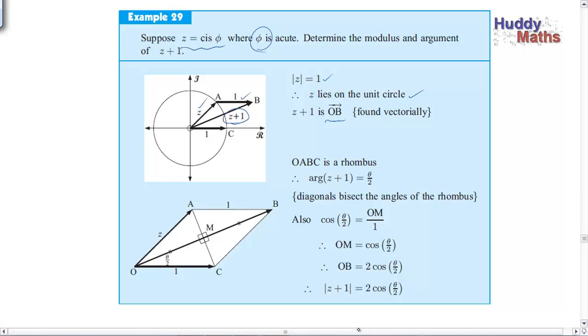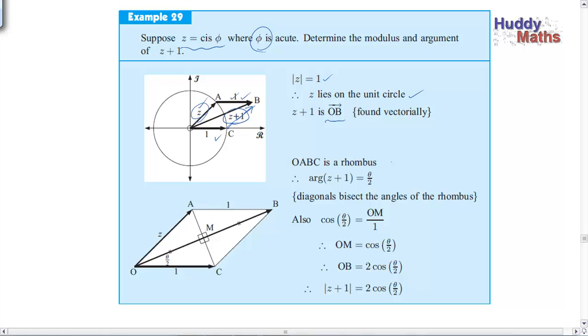Now, what can we do? Let's look at the geometry. The first thing you notice is you could make a parallelogram there, which actually would be a rhombus, because we've said cis theta, the size of that Z there would be 1. So not only is it a parallelogram from what we've discussed before, if you put 1 there and you're adding 1 and close that off, the Z plus 1 is a diagonal of the parallelogram, always there.